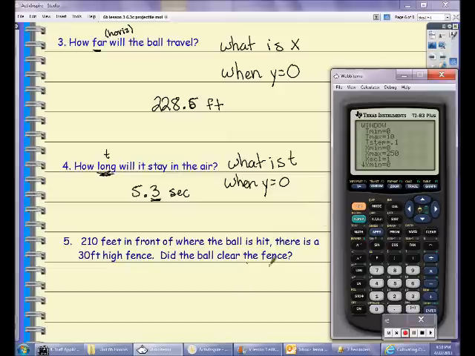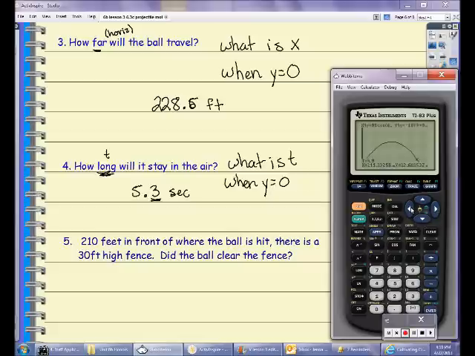Now let's talk about this last problem. 210 feet in front of where the ball is hit, there's a 30-foot high fence. Did the ball clear the fence? Now this one, we can still use trace, and we can check, and we can go backwards, and say, all right, 210 feet, so I'm looking for x to be 210.